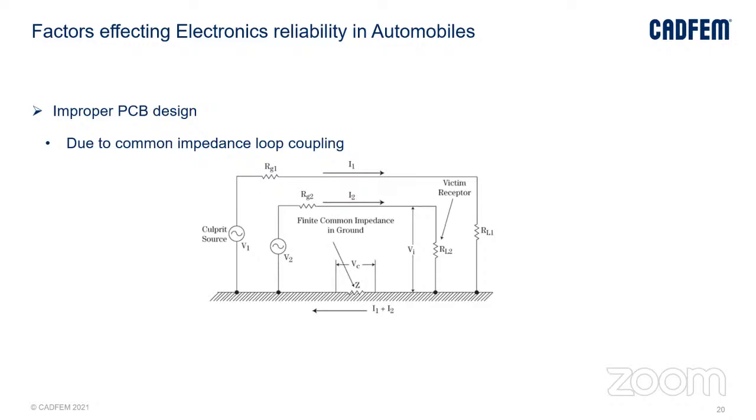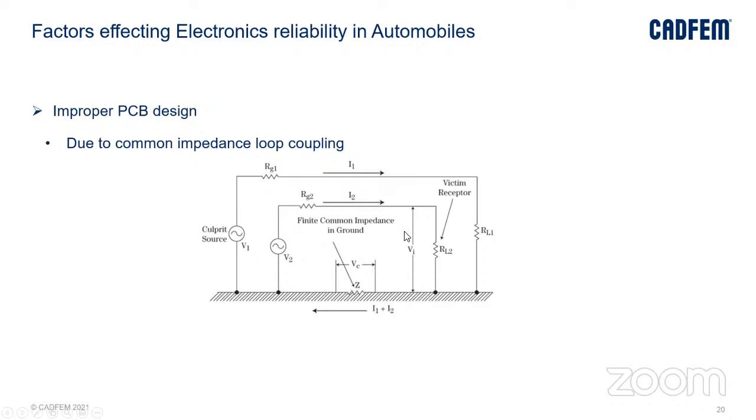One is common impedance loop coupling. Here the figure shows that the same return path is used for both loops.